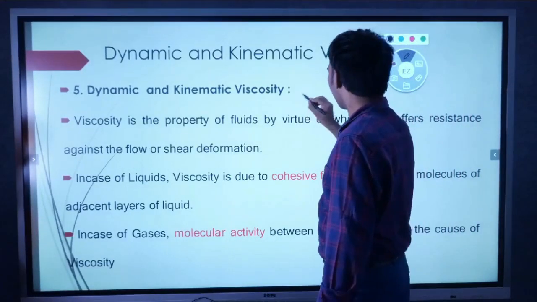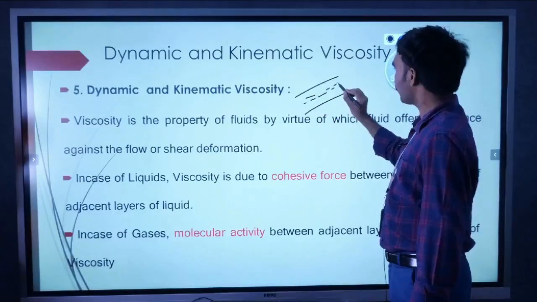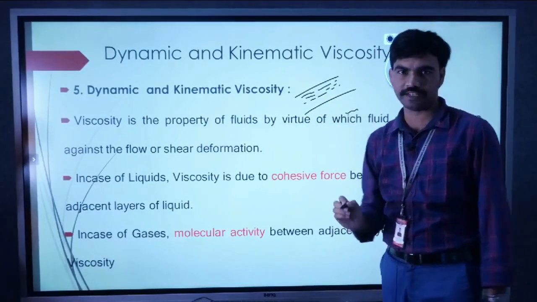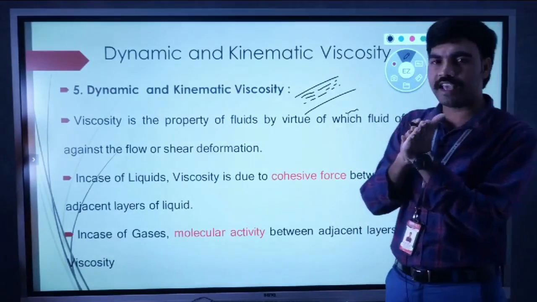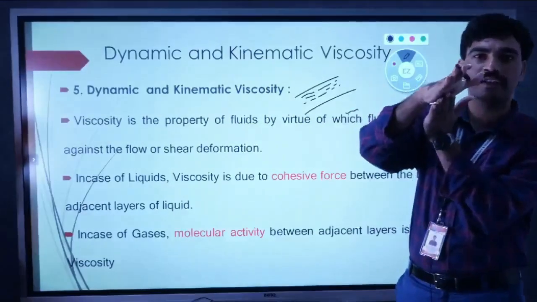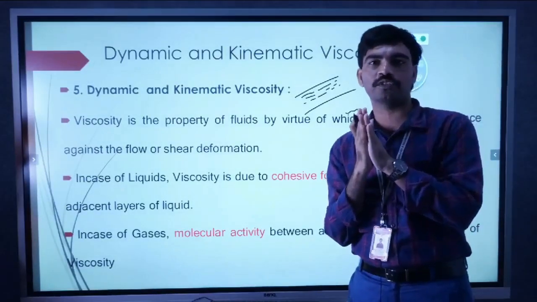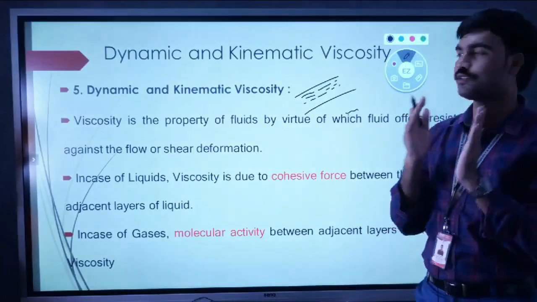When the fluid is flowing between two layers, the fluid will flow layer by layer. When one layer passes over the other layer, the molecular attraction between the two water molecules, that you can call a cohesive force.